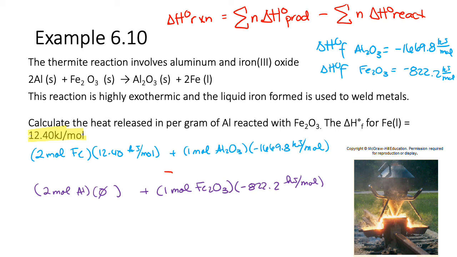On the top, I get negative 1645 kilojoules per mole. On the bottom, it's negative 822.2. So negative 1645 kilojoules per mole minus negative 822.2. My delta H for this reaction comes out to negative 822.8 kilojoules per mole.